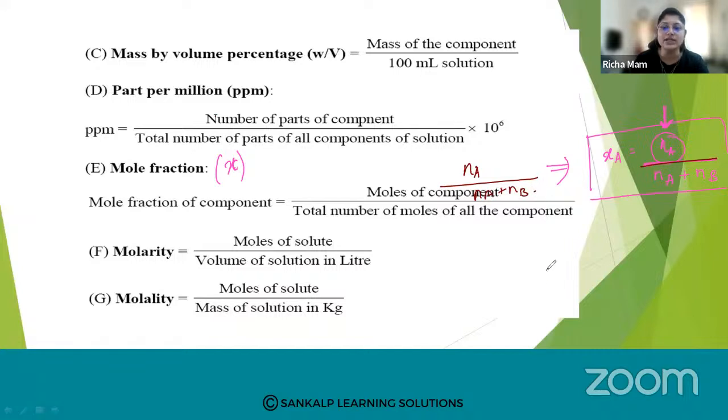Suppose there are components A and B. The sum of the mole fractions should always be equal to 1. Let me repeat it.